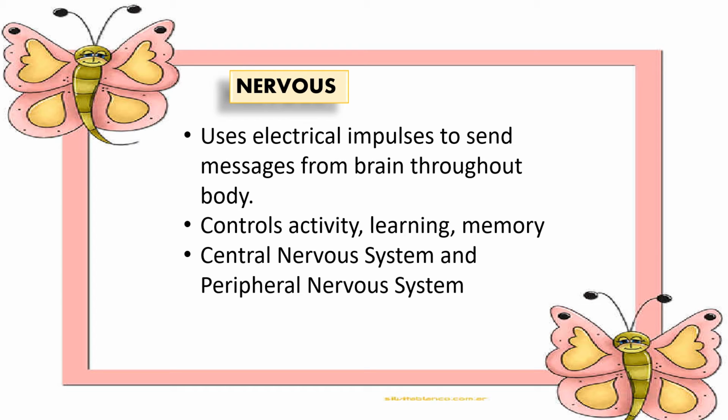Again, I want to review your nervous system. The major structures are the brain, the spinal cord, the nerves, and the sense organs. The functions: it regulates behavior, maintains homeostasis, regulates the other organ systems, and controls sensory and motor function. Okay. Kaya dapat nating alagaan ang ating brain or the nervous system itself.